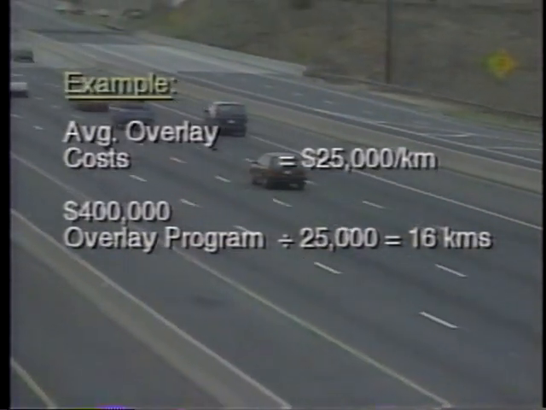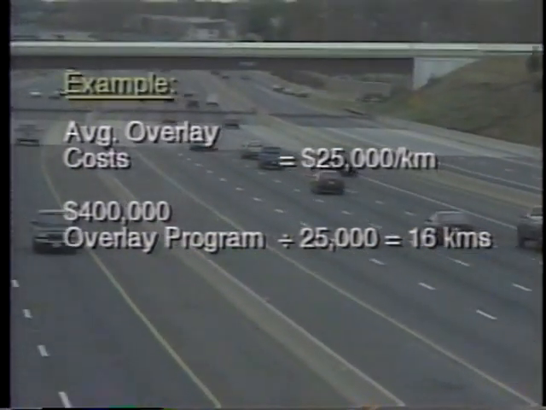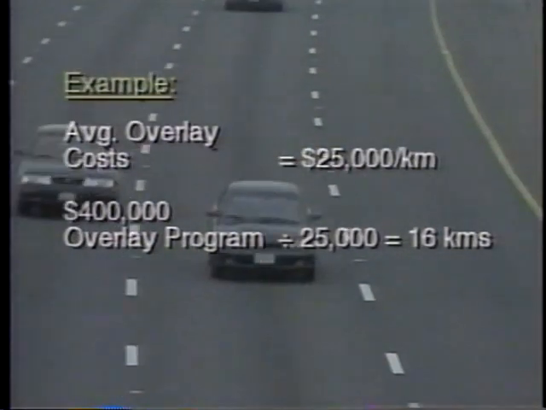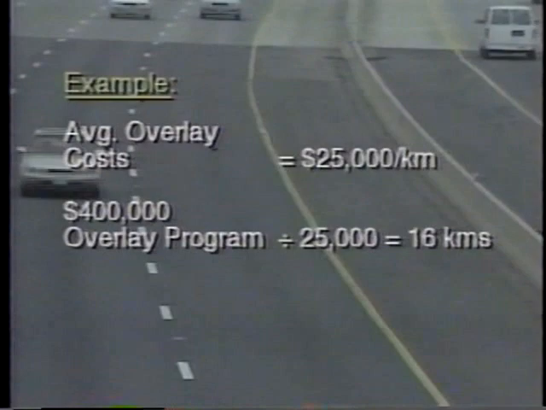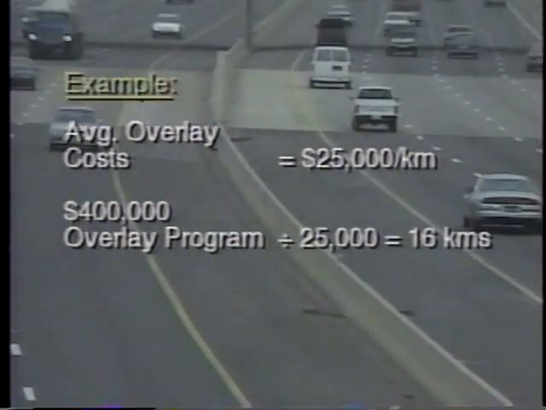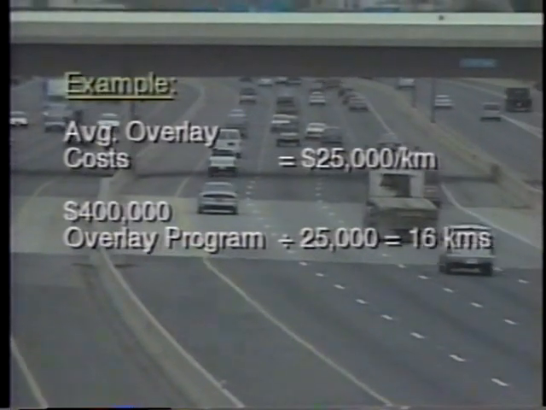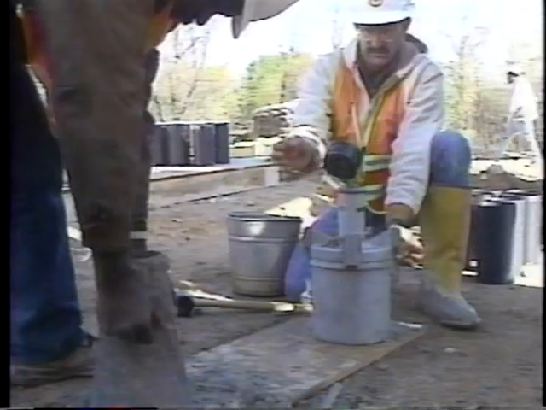For example, if overlay project average costs were $25,000 per roadway kilometer, a district overlay program of $400,000 would convert to 16 roadway kilometers.